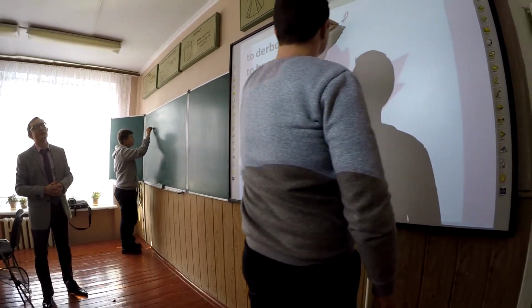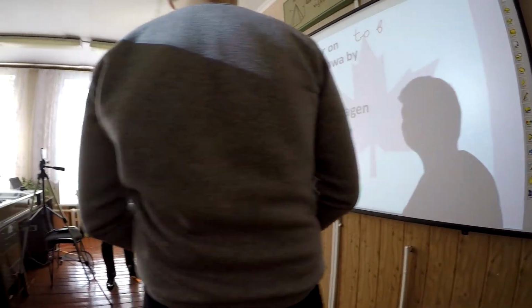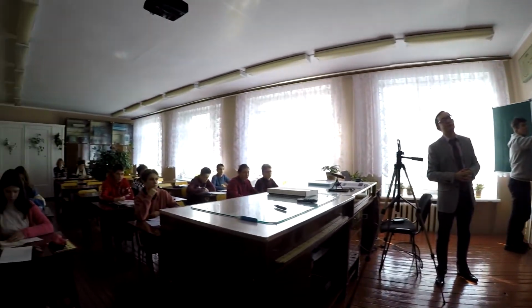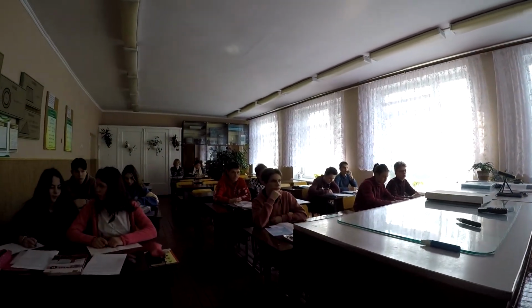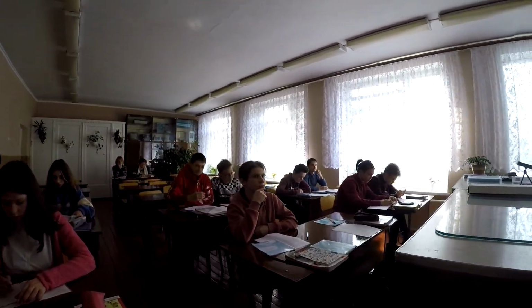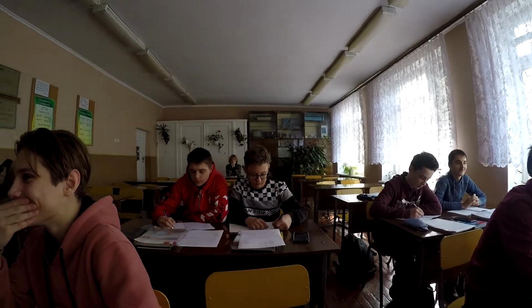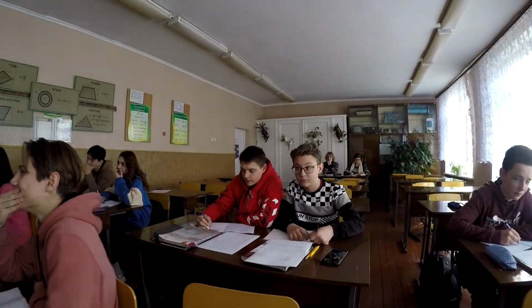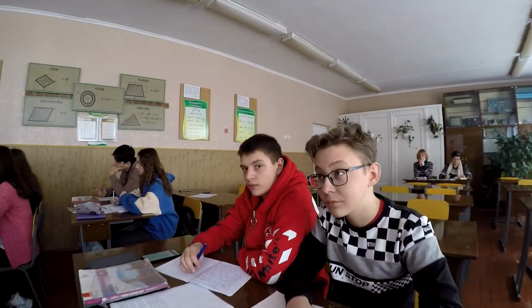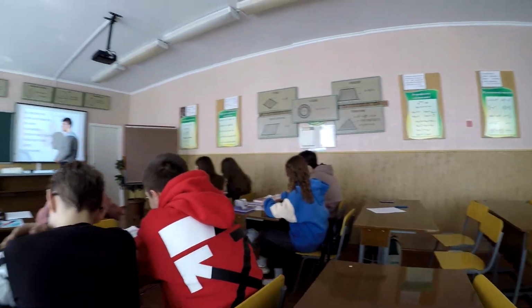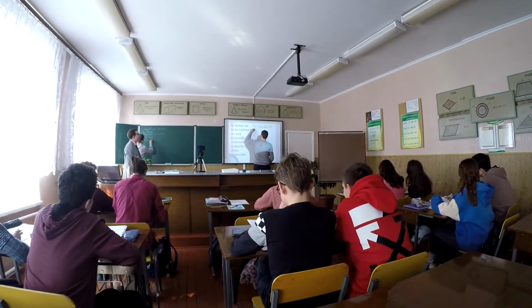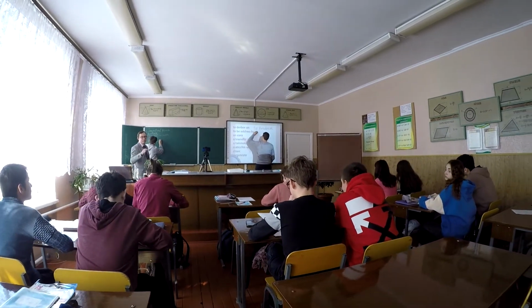Losha, what word is it? To border on. How do you translate it? Це межувати. Межувати, right. Межуватися. To border on. Next. To be washed by. How do you translate it? Буде омиватися. Be washed by. You write in your copybooks.